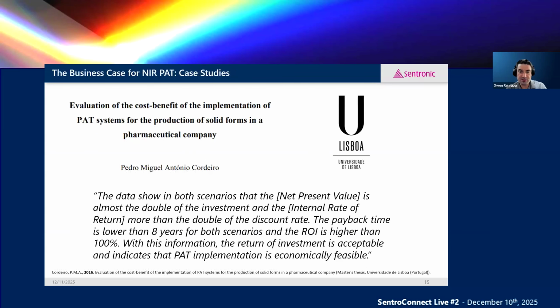So talking through the case studies that we referenced here, there is a master's thesis out of the University of Lisbon, which did a great job demonstrating, at least for one case, the value of PAT, which was found to have a positive ROI. This was not a NIR PAT in the feed frame, but the overall process of assessing ROI, I think might be useful if you're interested in taking a look at this for your organization.